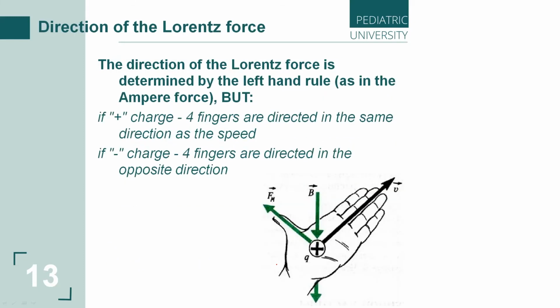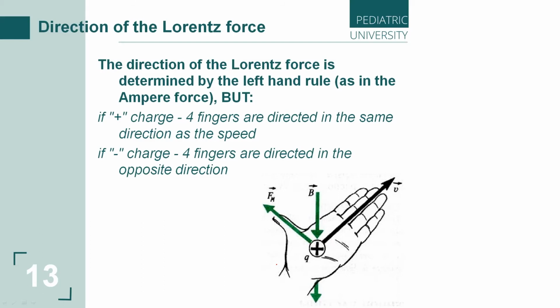And how are we going to determine the direction of the Lorentz force? The direction of the Lorentz force is determined by the left-hand rule, as in the Ampere force. But there are exceptions. Let's consider them. We all know that we have two types of charges, plus and minus, positive and negative.